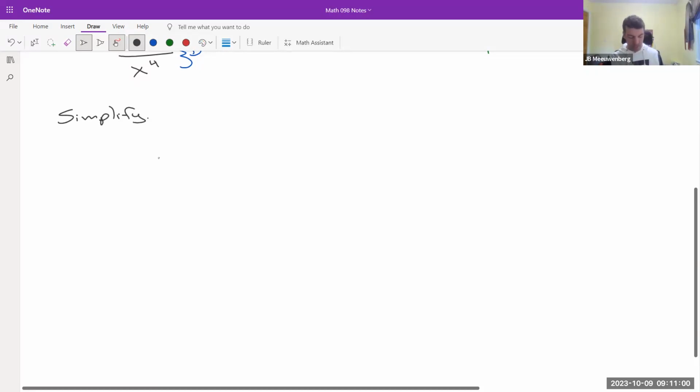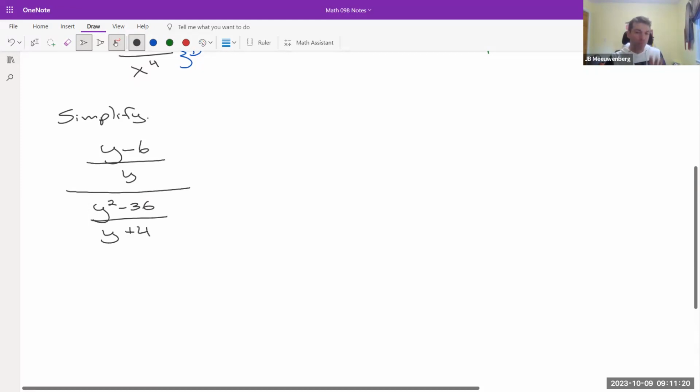And let's do this one. y minus 6 over y over y squared minus 36 over y plus 4. I will let you pause this and try this on your own. See if you can simplify this complex fraction.